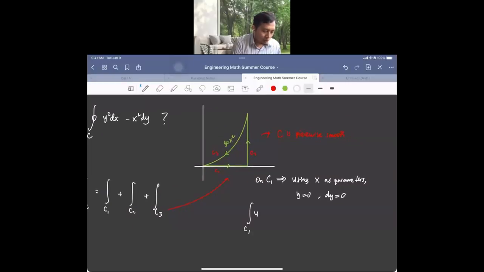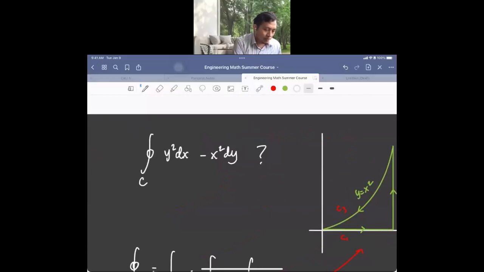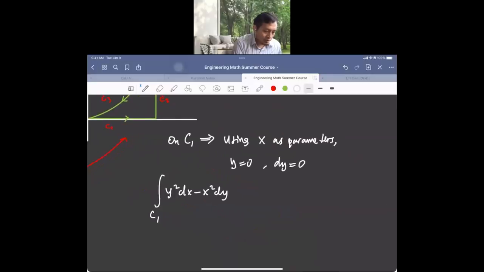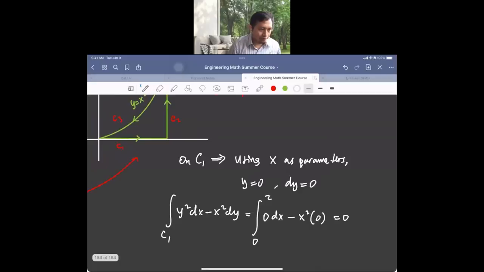So let me write on C1, this will be y squared dx minus x squared dy, same as our original equation. Now this becomes 0 dx, and it also becomes 0 for dy. So it's just 0, from 0 to 2.